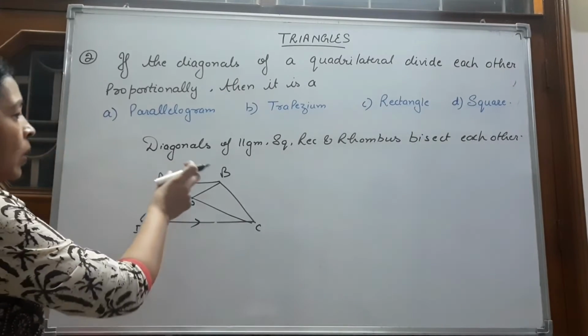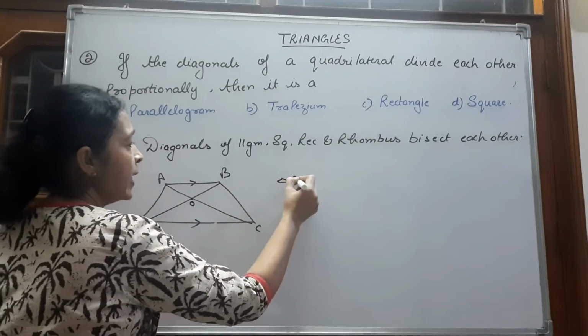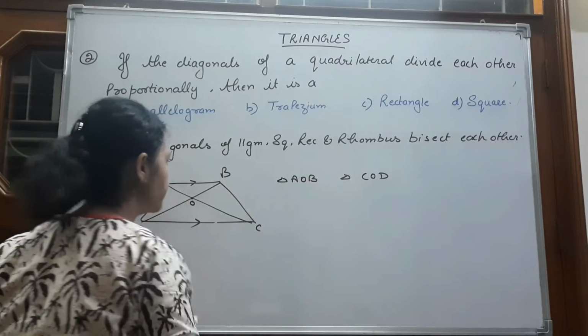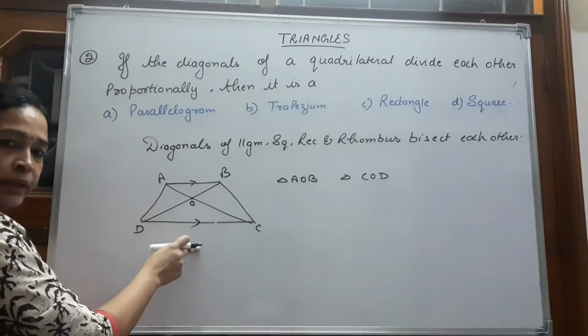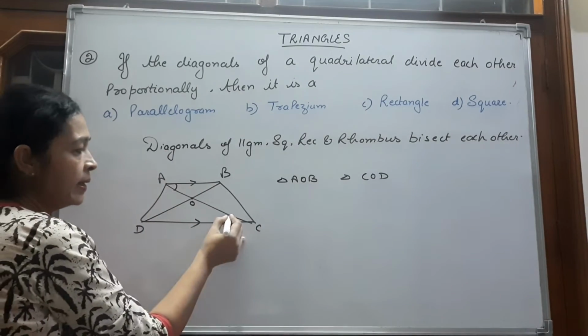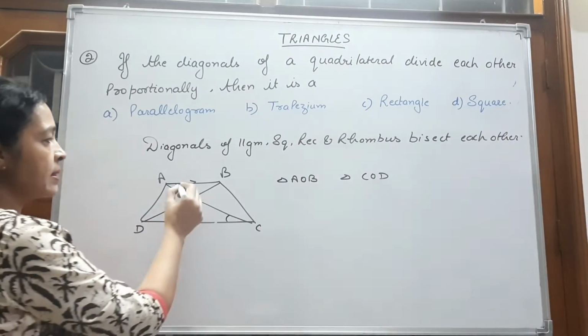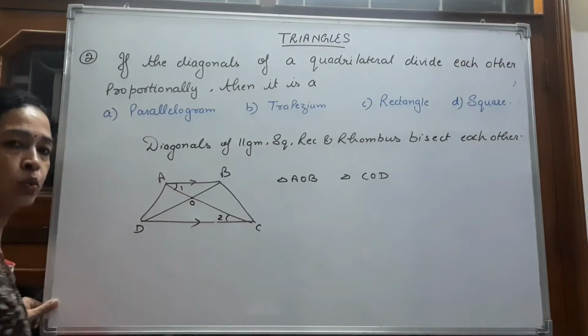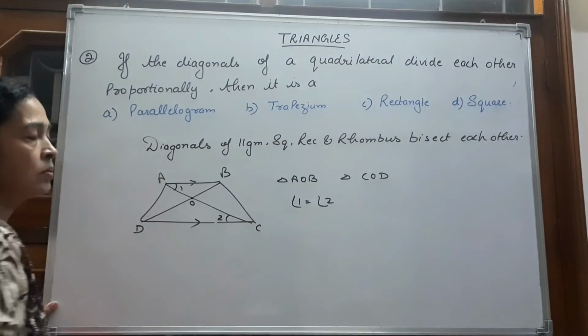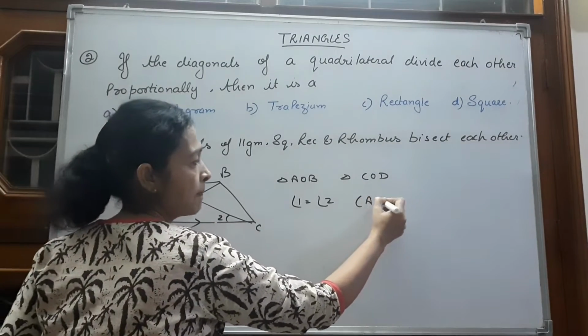Now, take two triangles, triangle AOB and the other triangle COD. AB is parallel to DC and AC is a transversal. This angle and this angle are equal. Say this is angle 1 and this is angle 2. Angle 1 equals angle 2, alternate angles.